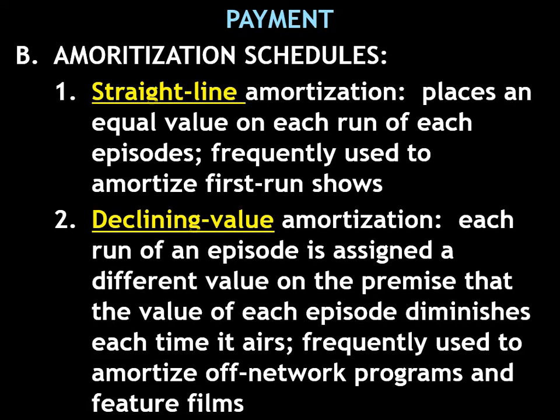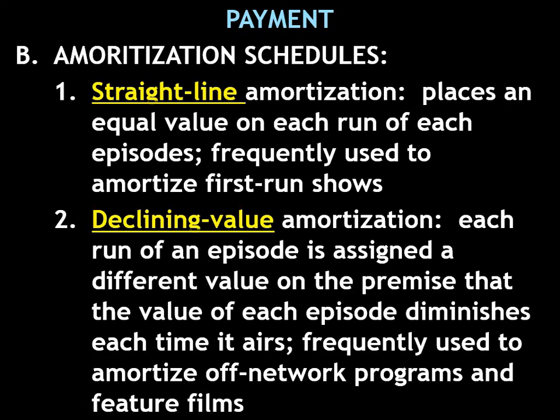Amortization schedules would include these two primary ones. There's straight line amortization, which places an equal value on each run of each episode, frequently used to amortize first run shows. So let's say you've got 10 episodes of a program that you're allowed to run, and the overall payment of the contract is $1 million.